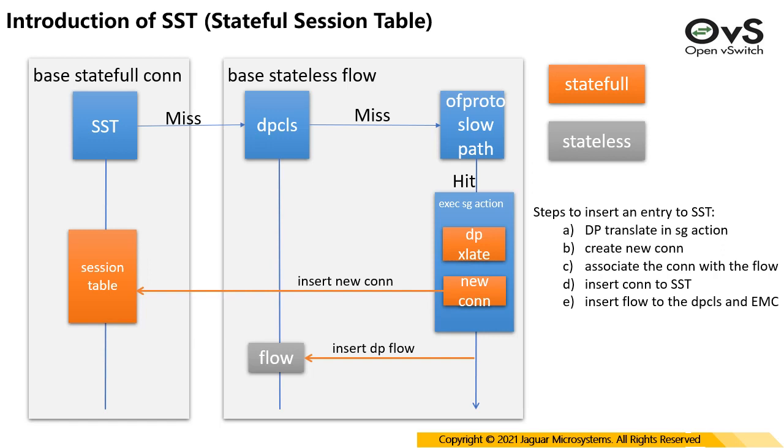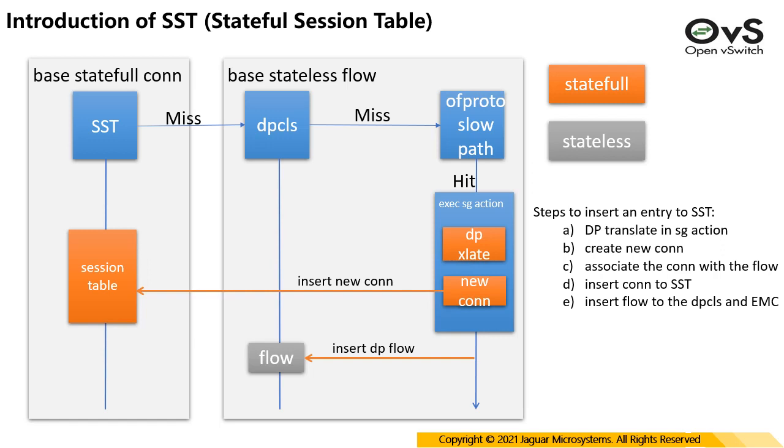And now I will explain how an SST entry is created and maintained. When dealing with a newly received packet, it will upcall to the slow path, traverse each table, and generate a new datapath flow rule. The actions on the action list will be executed. When dealing with the SG action, it will first do a datapath translate based on the connection status, to figure out whether the packet can be forwarded or not.